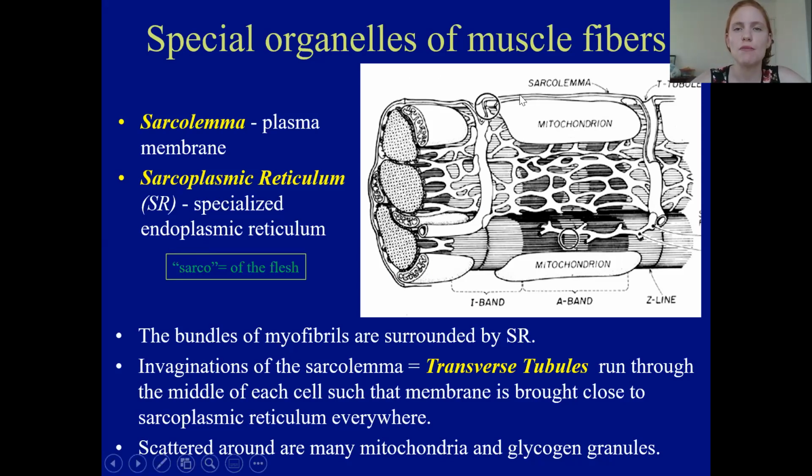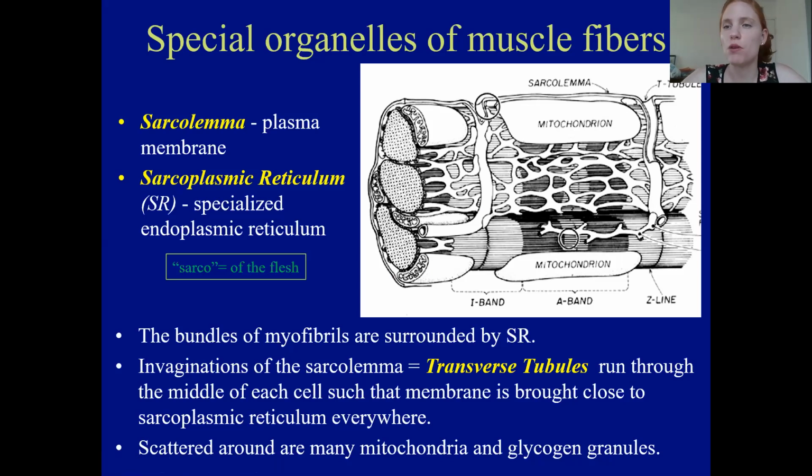So we have the sarcolemma on the surface, and the sarcolemma has these invaginations, which just means it dips down like a little valley into the cell and comes back up. Those are called T-tubules, or transverse tubules. Transverse as in cuts it in the transverse plane. So if you take a cell and cut it in half, that's the transverse plane. Then surrounding the outside of the transverse tubules, you have a network of membrane, which is a modified endoplasmic reticulum.